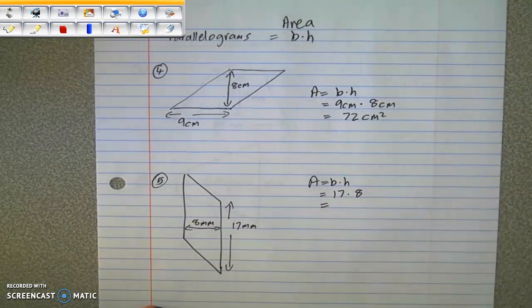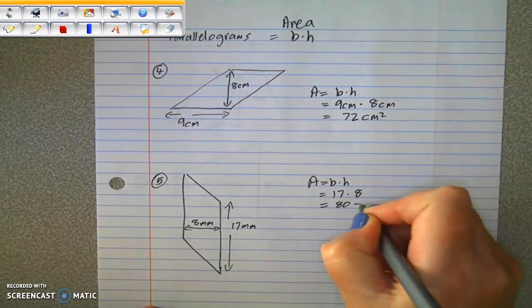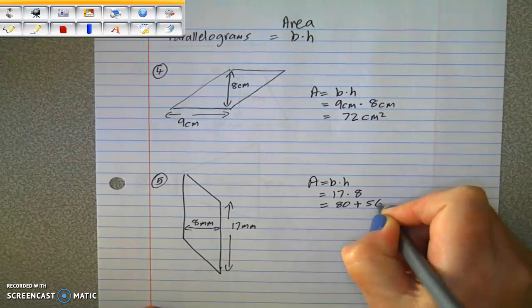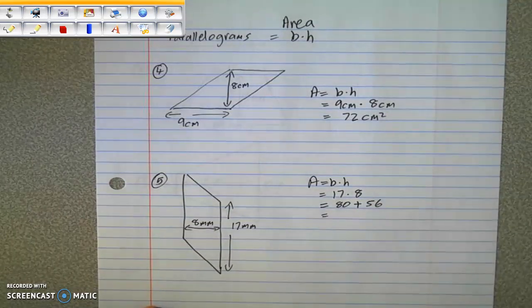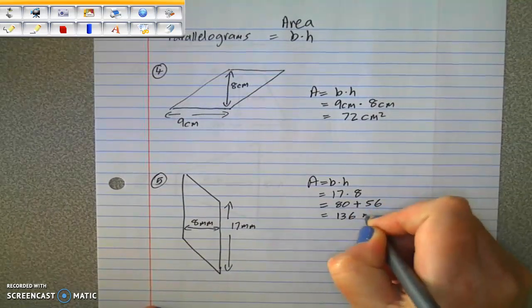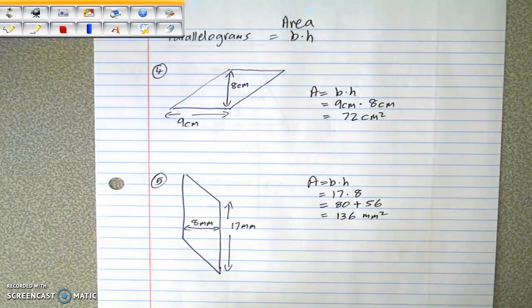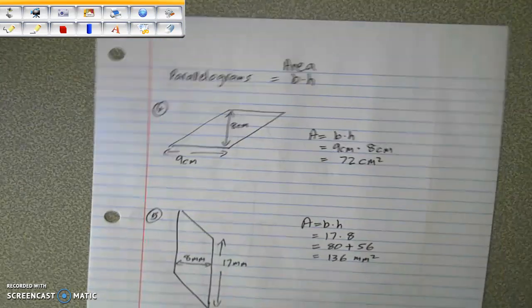So the way I like to do that in my head is I just do 10 times 8, which is 80, and 7 times 8, which is 56, and then I add those together. So 80 and 56 is 136, and it's millimeters squared. This one you don't have to divide by 2. Remember, it's only for the triangle that you're dividing by 2.